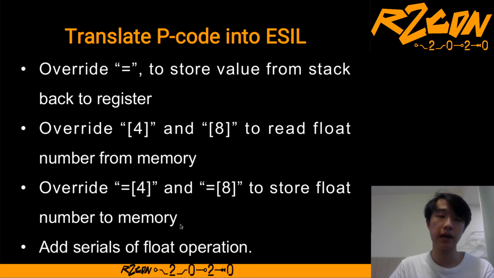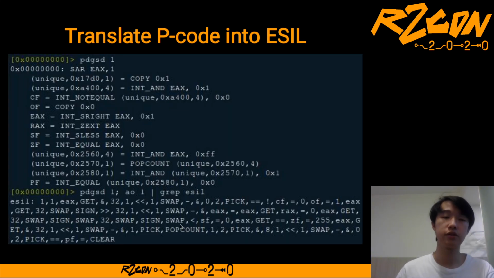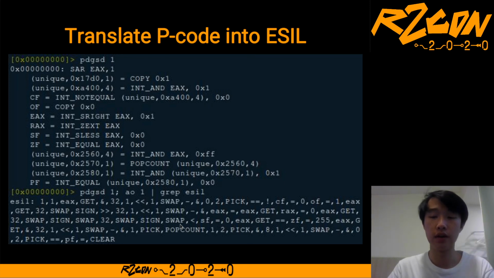This needs to be compatible with float numbers, and the next override also needs to be compatible with float numbers, otherwise the number being written or read would be handled with integer operations, which is wrong. Finally, add a series of float operations like plus, minus, multiply, and division. With this all done, you will have an ESL that supports P-code.